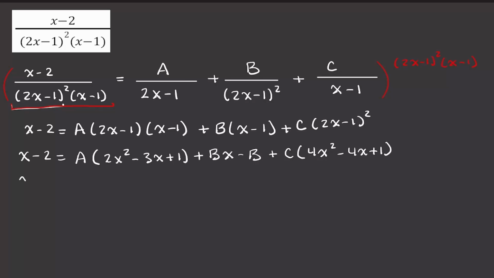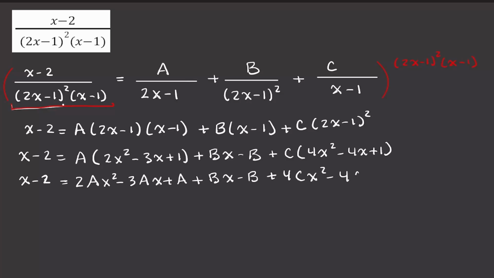From here, we still need to get rid of the parentheses, so we multiply the a through, which gives you 2ax squared minus 3ax plus a plus bx minus b plus 4cx squared minus 4cx plus c.